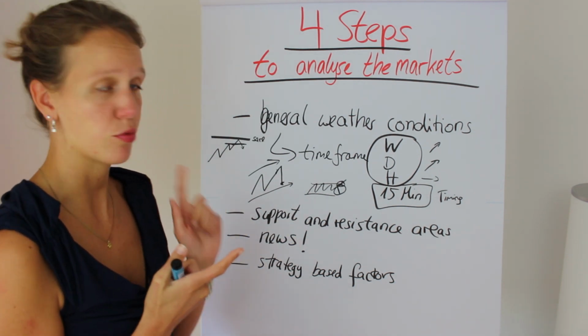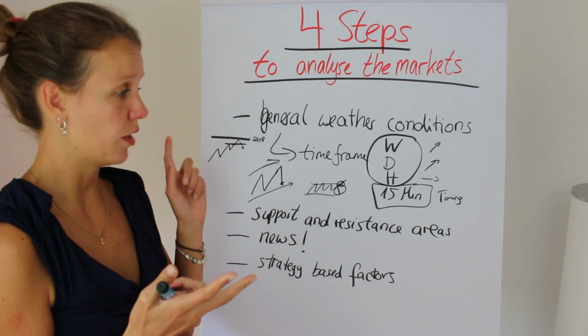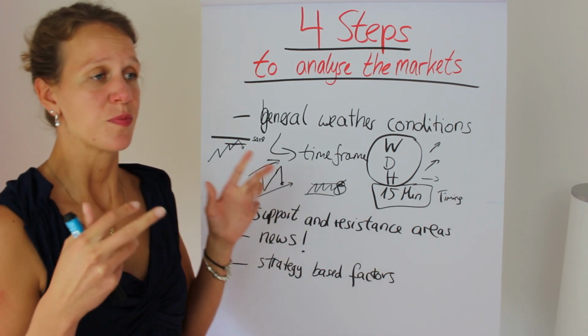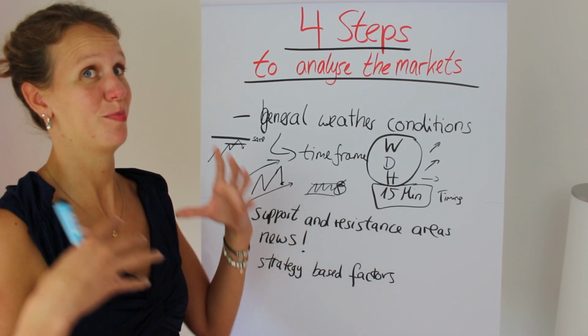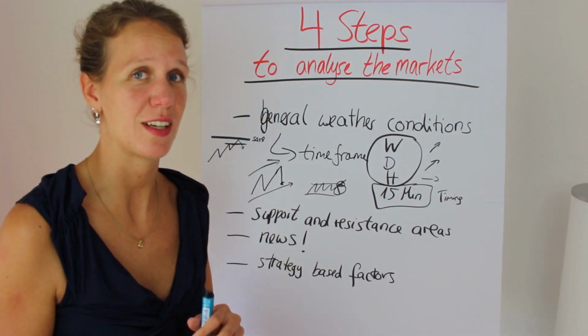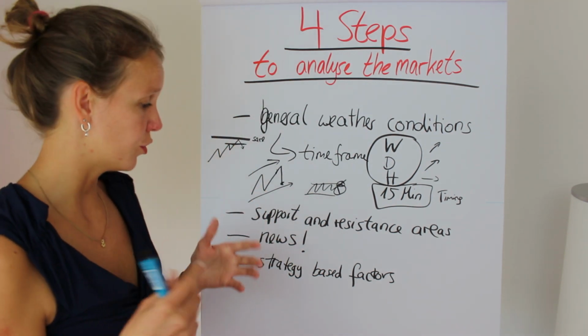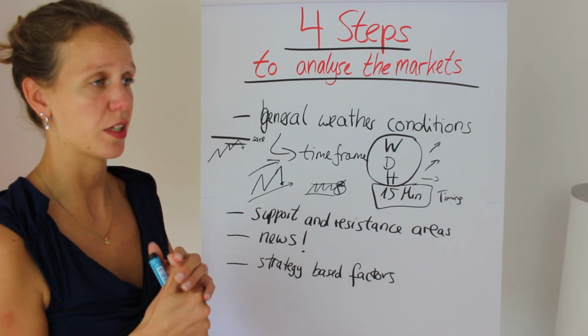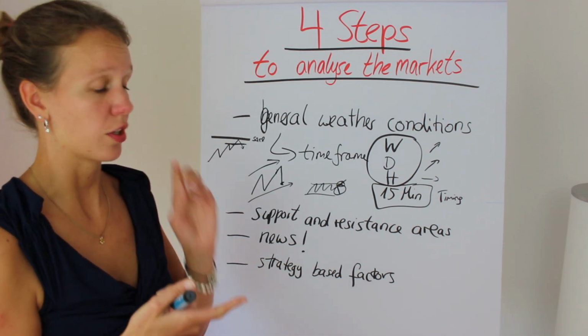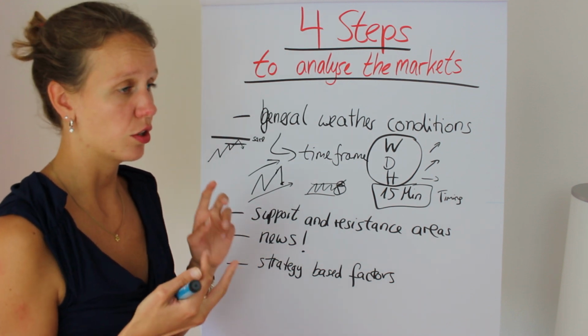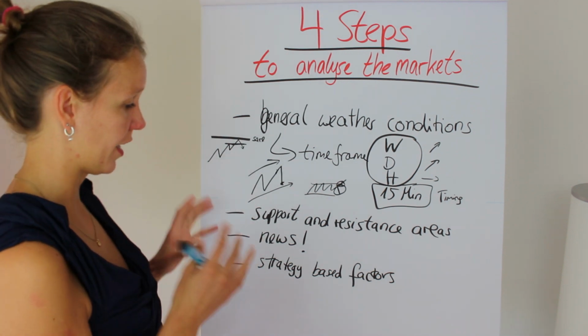Are you doing maybe a breakout strategy? Maybe are you trading sideways ranges? This is really the most important fact of your strategy. But of course you need to know if you're using indicators, which indicators you are using, maybe a stochastic indicator or a moving average, something like that.